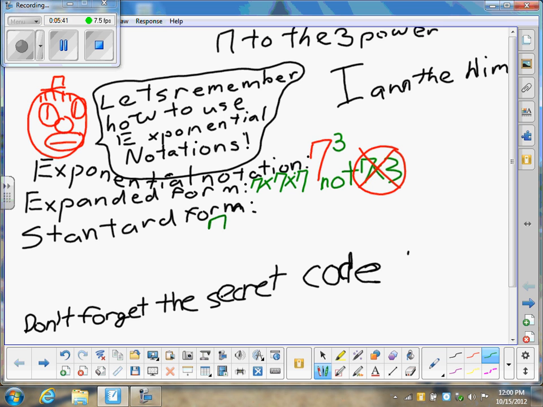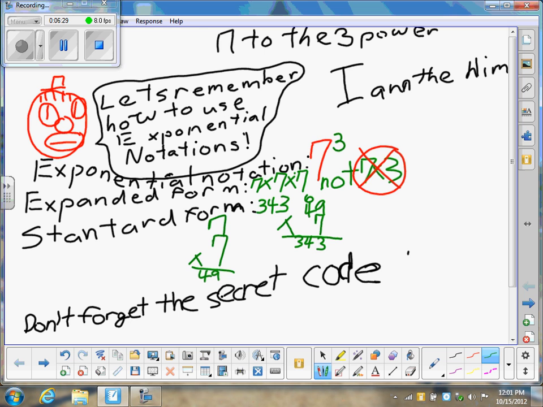So first, we'll just do 7 times 7, which is 49, a basic math fact. 49 times 7 is, first we will have to do 9 times 7, which is 63, and 7 times 4, which is 28, plus 6 is 34. The answer is 343.